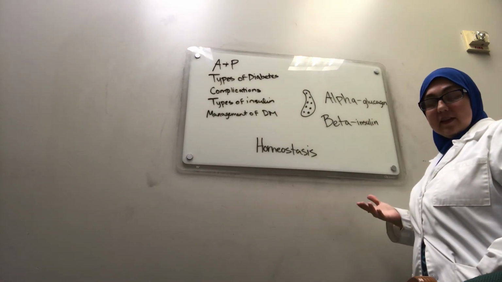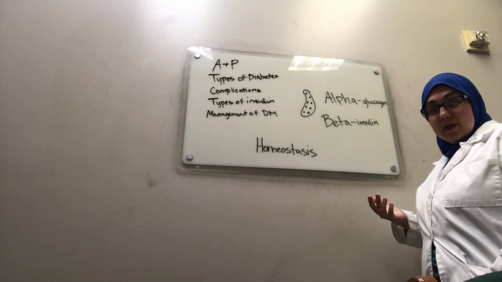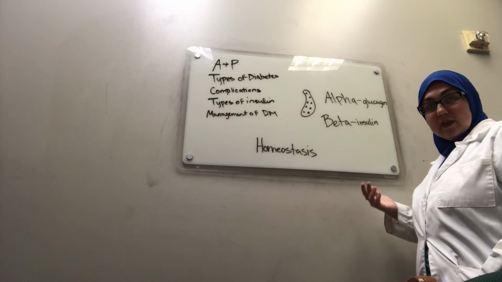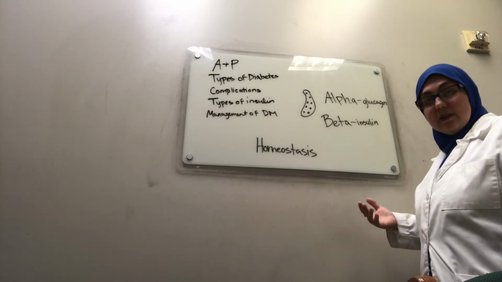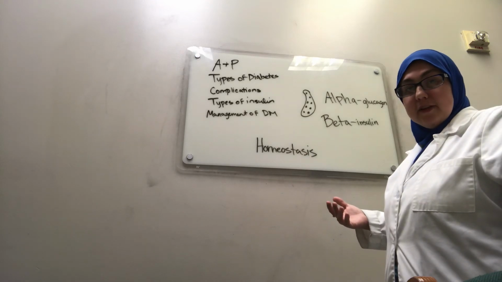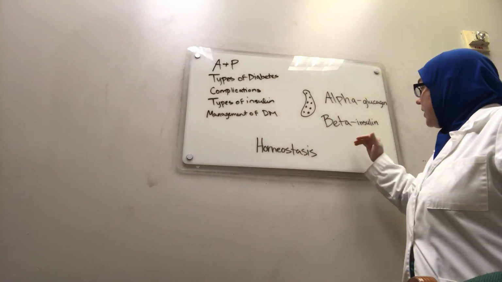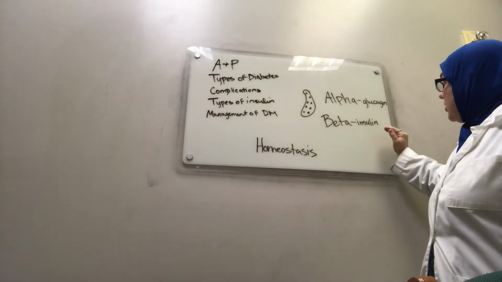The cells can't get this glucose for energy, and they think they're starving, even though there's so much sugar in the blood. They start to break down fat and muscle for energy, and this is when we develop ketosis, and when patients go into diabetic ketoacidosis.